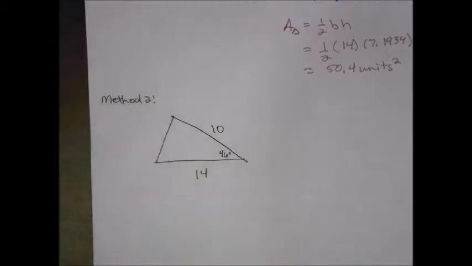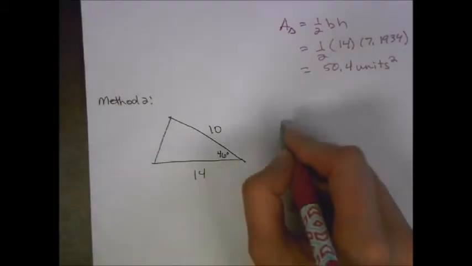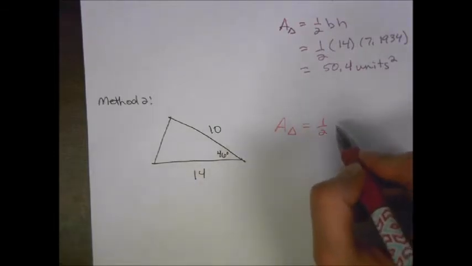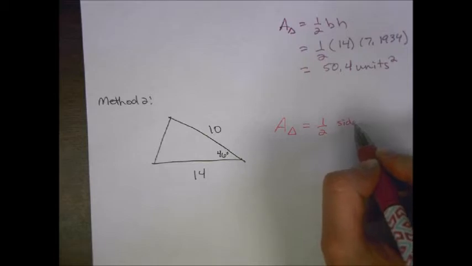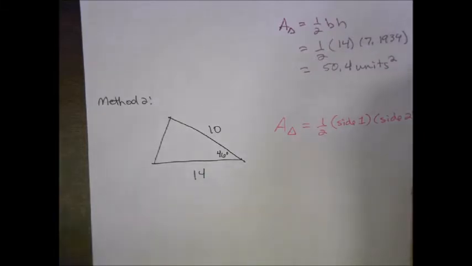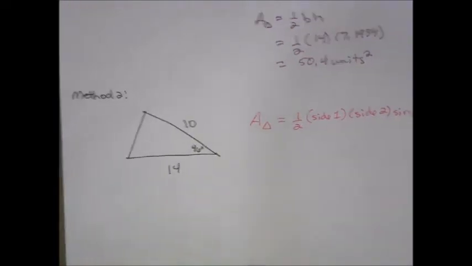This is method 2. Here is a formula for you. The area of a triangle is 1/2 of side 1 times side 2 times the sine of what we call the included, oh, you can't see that.